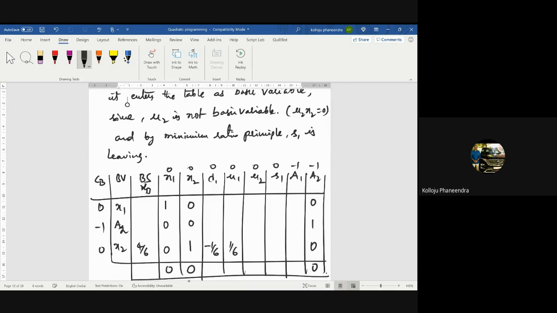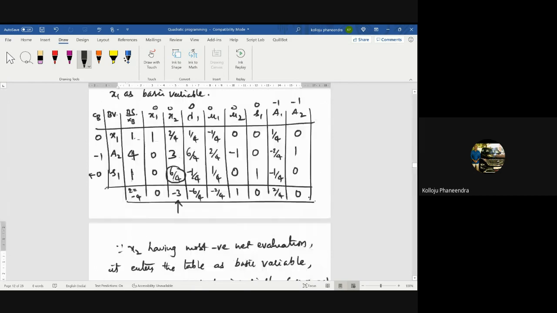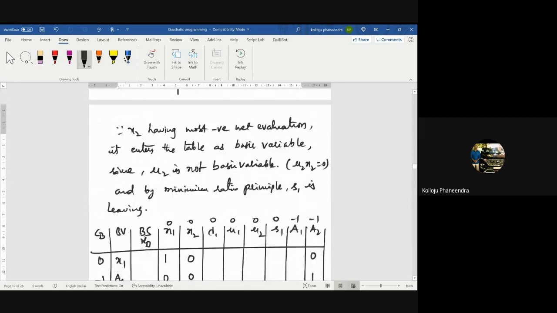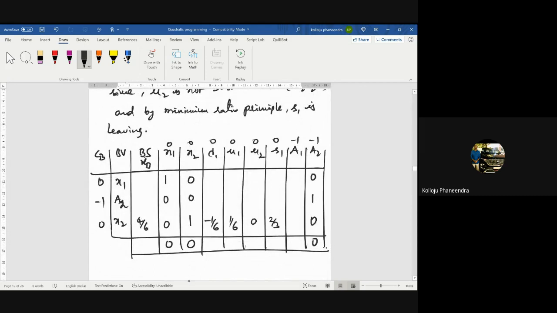This is 1 by 6. This is 0. And this is 2 by 3. And a1, what is a1? Minus 1 by 4 by 6 by 4, minus 1 by 6. Actually, you can delete this a1 when it is leaving. No need to write.